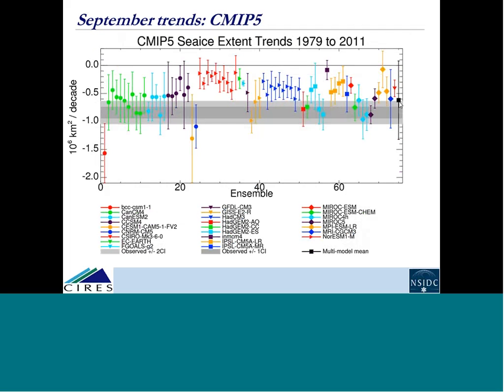There's a significant overlap between the observations and the multi-model mean, but again, the confidence interval bars are pretty wide and still encapsulate the zero trend line. So are we seeing a trend in the models? Well, statistically, no, we're not. So a little disappointing there in model performance.